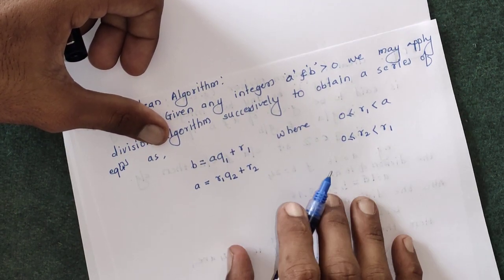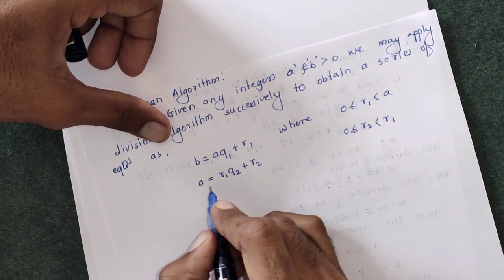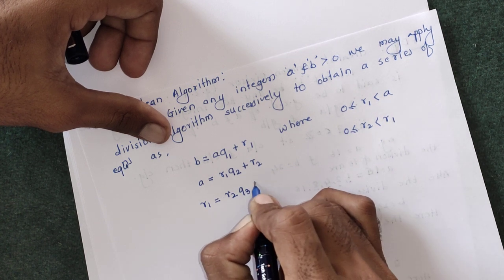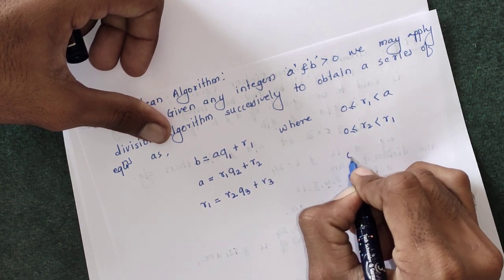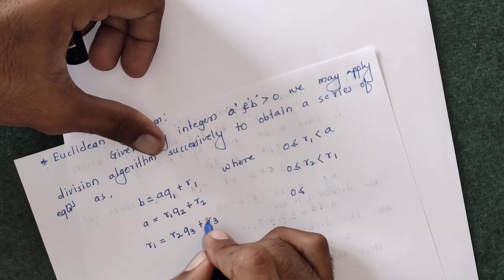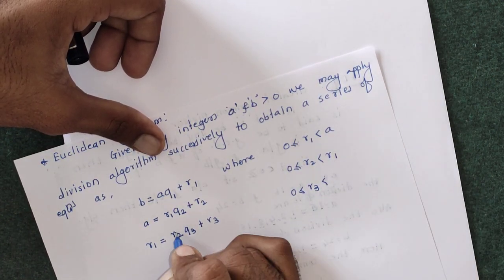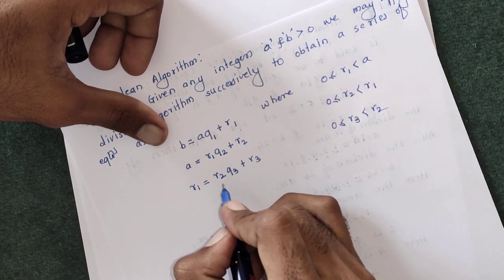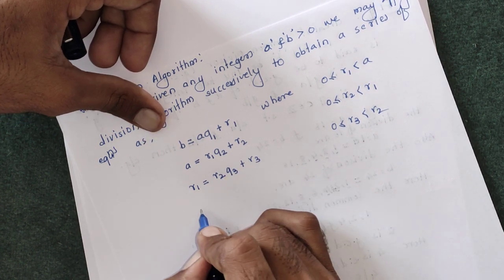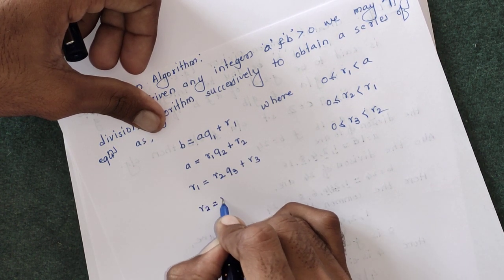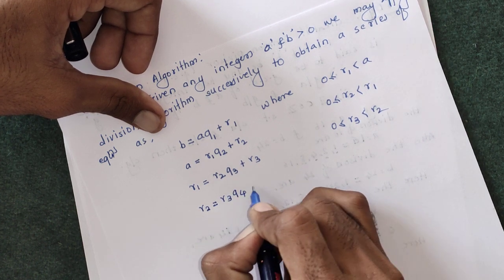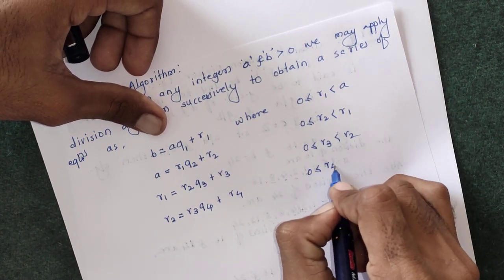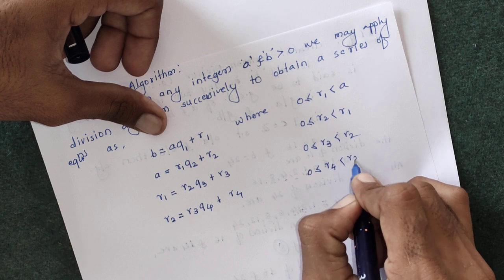Now we apply the division algorithm on R1 and R2: R1 is equal to R2 times Q3 plus R3, where 0 is less than or equal to R3, which is strictly less than the divisor R2. Similarly, on R2 and R3 we get R2 is equal to R3 times Q4 plus R4, where 0 is less than or equal to R4, which is strictly less than R3.